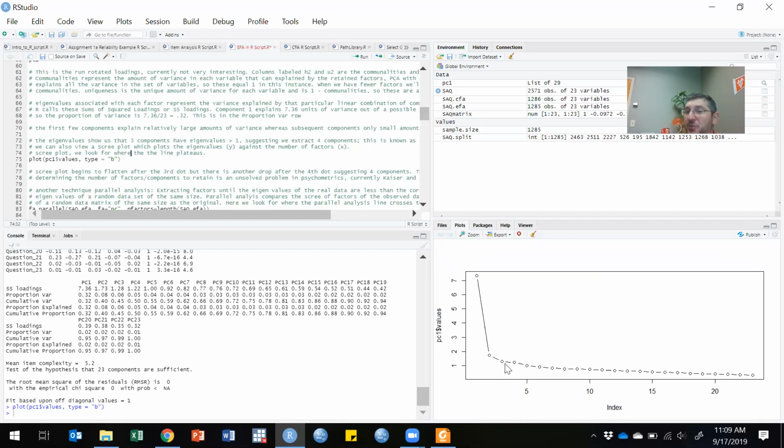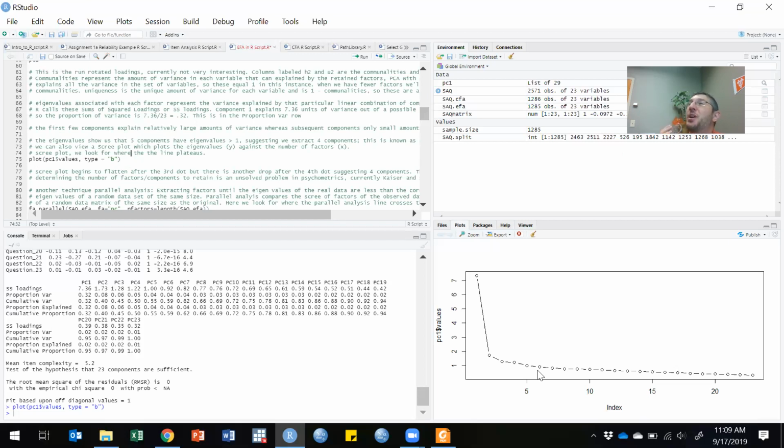We see a good drop between the second and third, another drop sort of parallel between the third and fourth, and then another little drop between the fourth and fifth, and it really starts to flatten out. The scree plot is really a judgment call, where you decide it starts to flatten out.